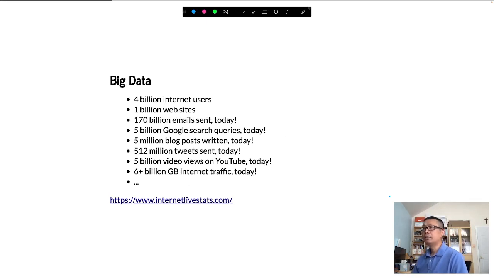So big data, I think this should be an intuitive notion, because if you look at the amount of data that we have today on the internet or simply on the web, it's amazing how much we have, right?